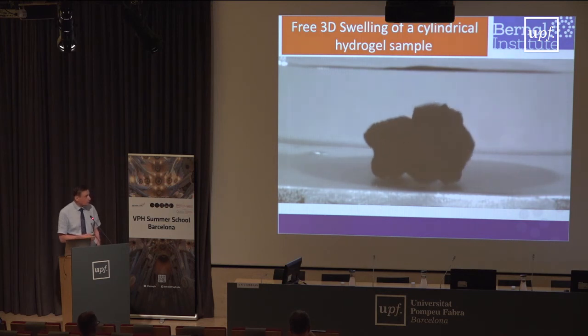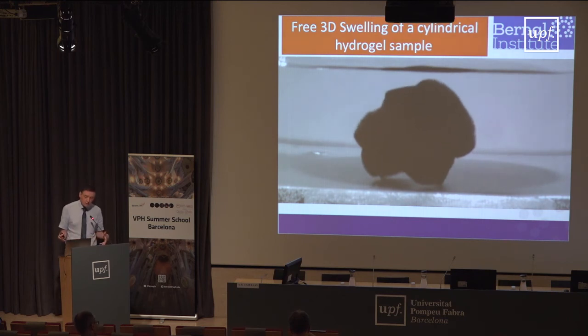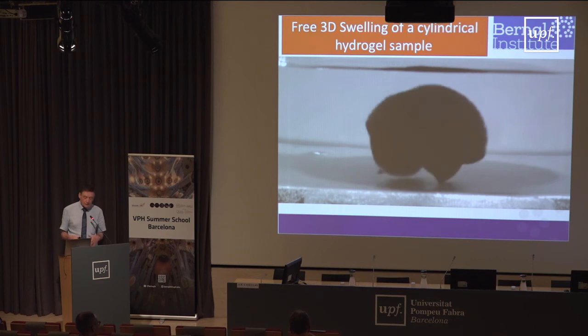The outside swells first and the inside doesn't, because the water cannot reach inside. The kernel and the outer surface need to remain in contact with one another, and the way it does is it goes into surface instability and later into a kind of saddle shape.